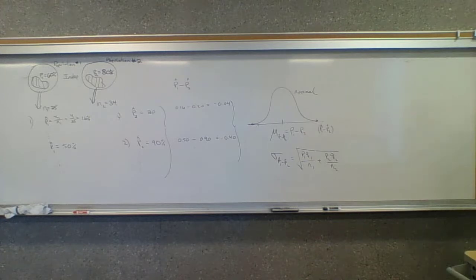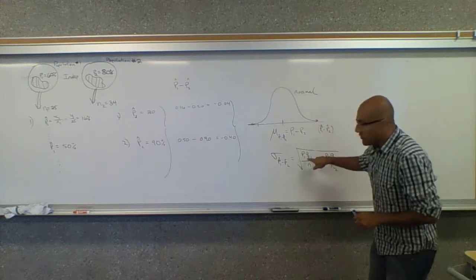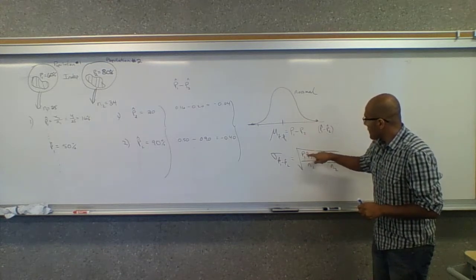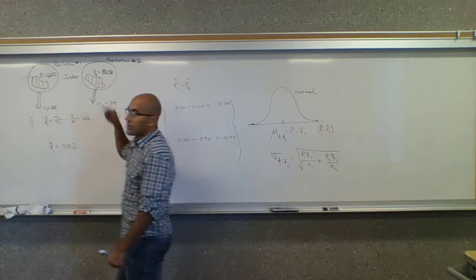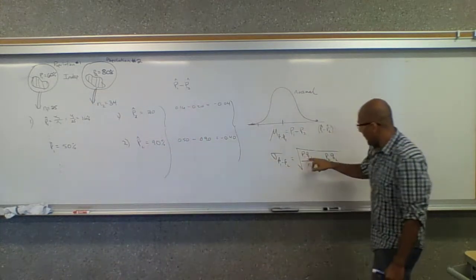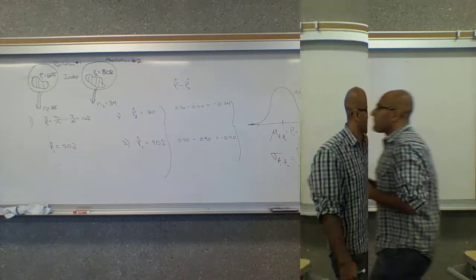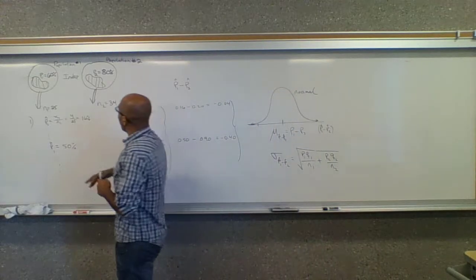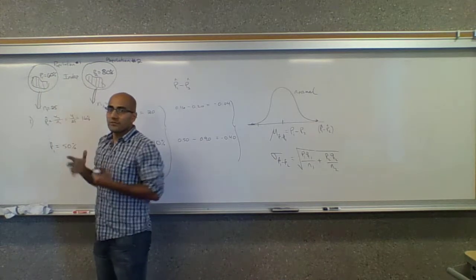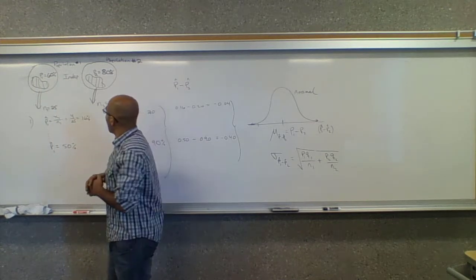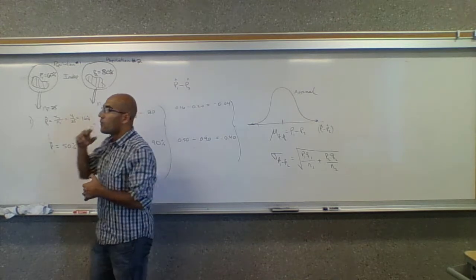Now note there's no hats on here. These are the actual population values, p1 and p2. That's not about the sample. So in the examples that we're going to do, we are not going to know what these are. They're unknown.